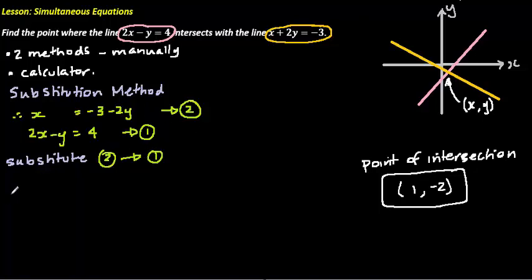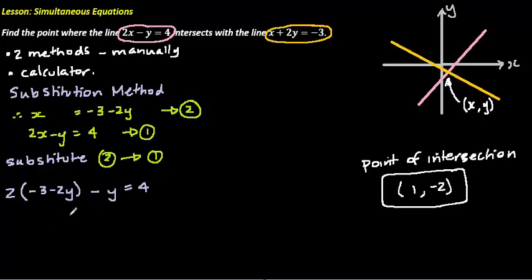So what I'm going to get is 2, and rather than x, I'll do brackets, negative 3 minus 2y, then minus y equals 4.